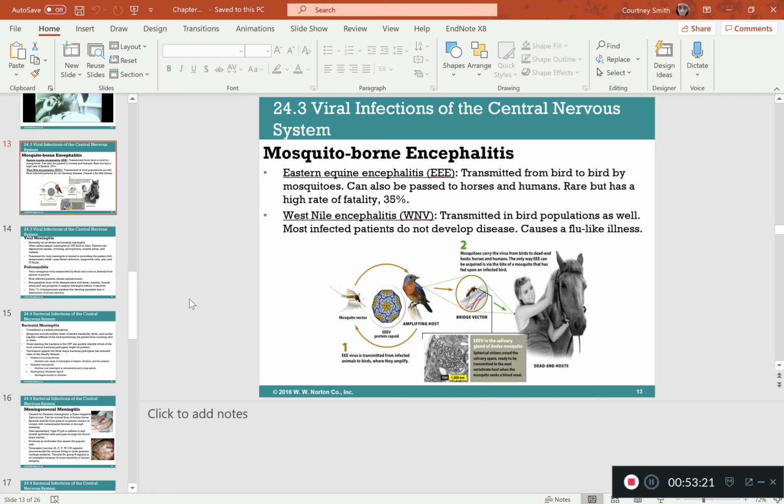Both of them will result in encephalitis, but the EEE has a higher fatality or mortality rate as compared to West Nile encephalitis, whereas with West Nile encephalitis, most people don't develop disease. And if they do get sick, then a lot of times it's just flu-like.